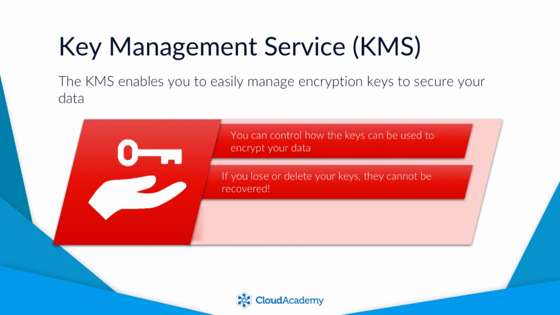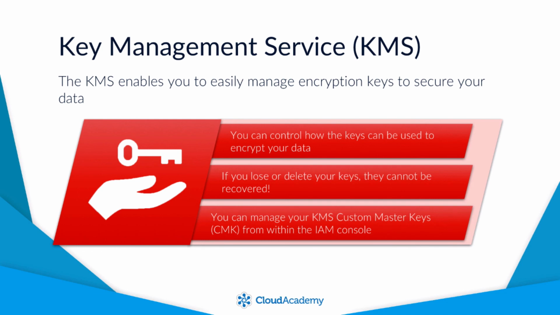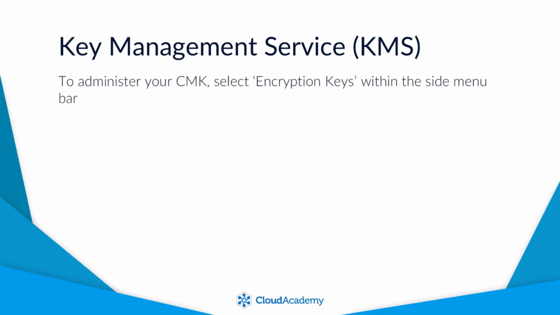IAM allows you to create and manage your KMS Customer Master Keys, CMK, from within your IAM console. The CMK is primarily used to protect data keys, which are used to encrypt your data within AWS. To administer your CMK, select Encryption Keys within the side menu bar.